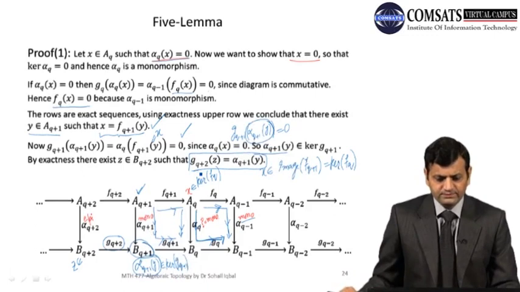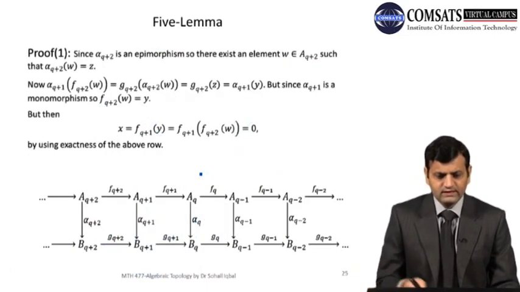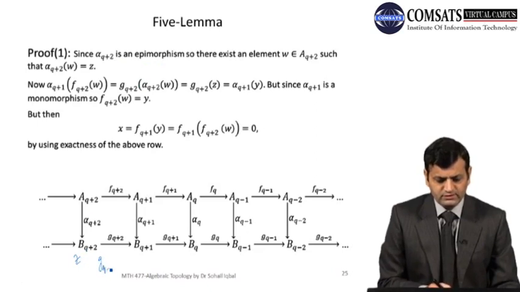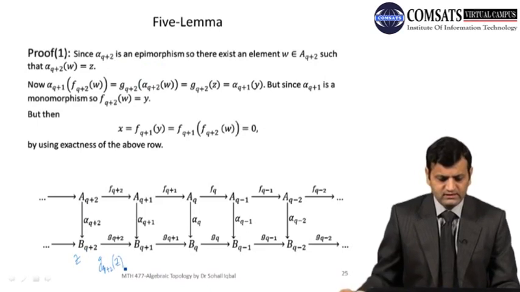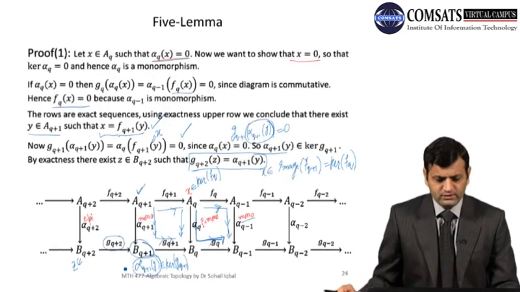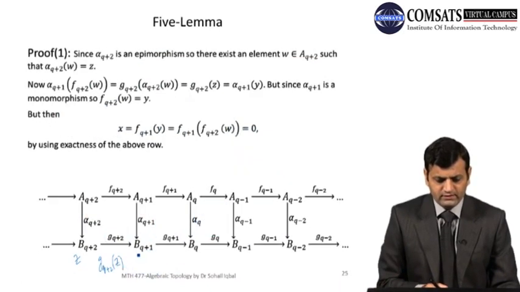Now let's see the second part. Since alpha_{q+2} is an epimorphism, remember we have z over here such that g_{q+2} of z is equal to alpha_{q+1} of y.